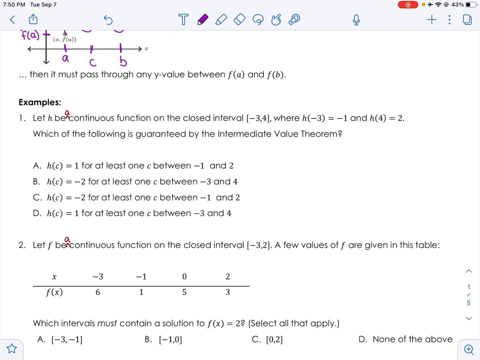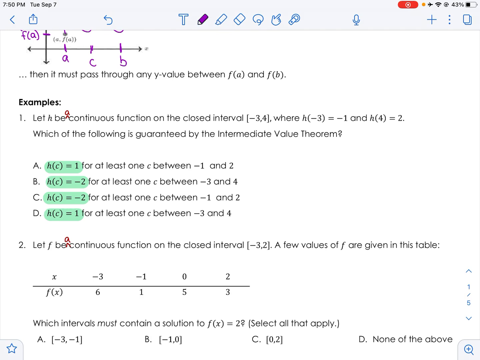Let h be a continuous function on the closed interval of -3 to 4, where h of -3 equals -1 and h of 4 equals 2. Which of the following is guaranteed by the intermediate value theorem? There's only going to be one answer. What we need to understand is what we can eliminate, based on h of c equaling 1, h of c equaling -2, h of c equaling -2, and h of c equaling 1.